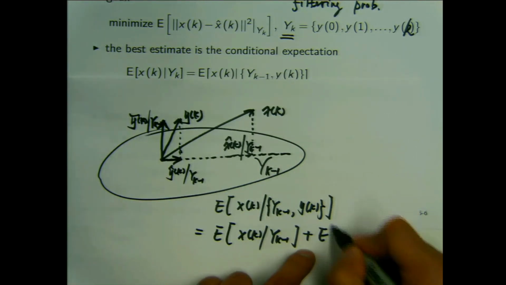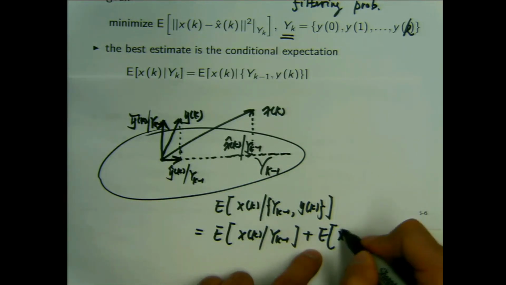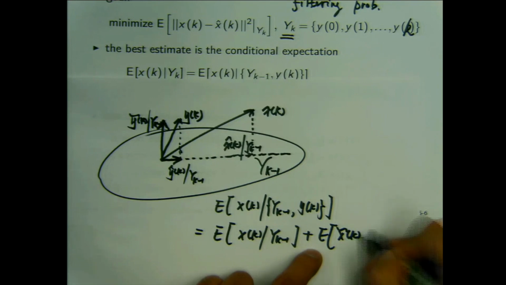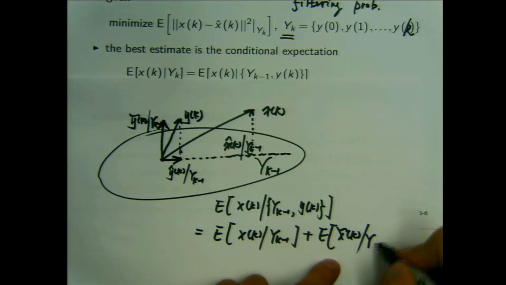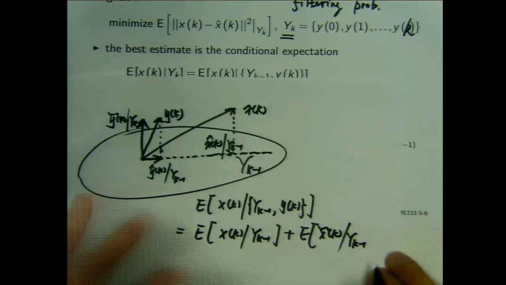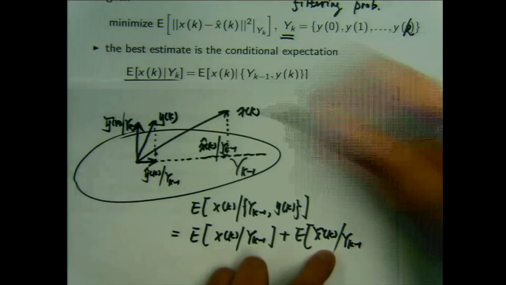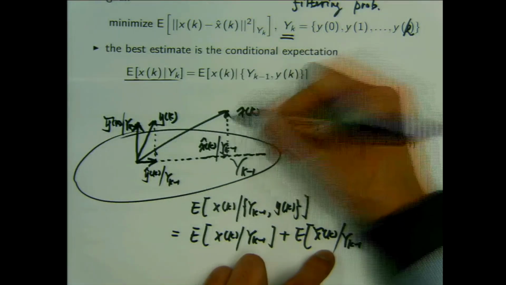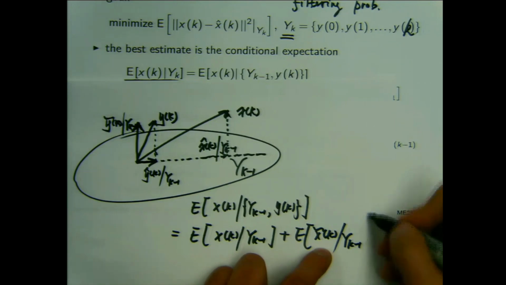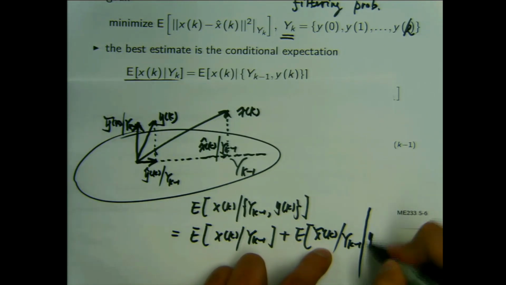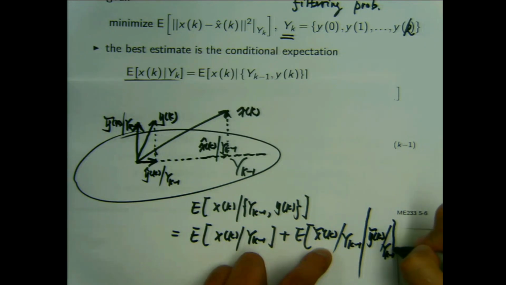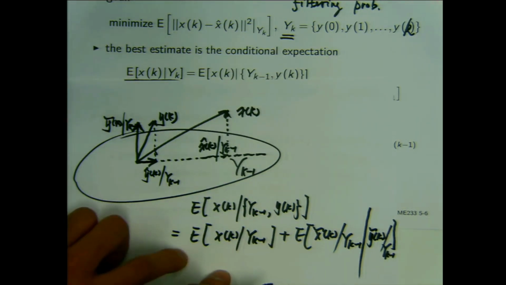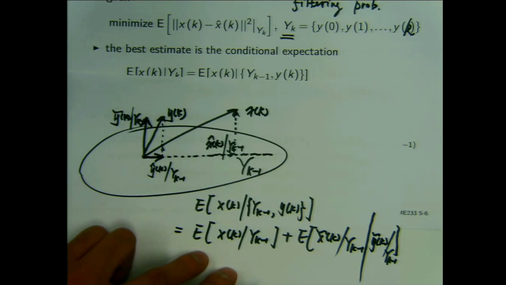So it's the expectation of x tilde k conditioned on y^{k-1}. This, as you can see, is this vector here. Then another conditioned on y tilde k given y^{k-1}. If you understand this equation, you are almost done with deriving the Kalman filter. So any questions for this part?